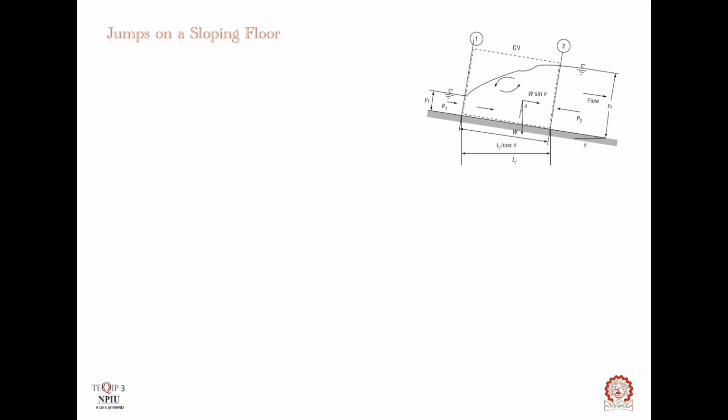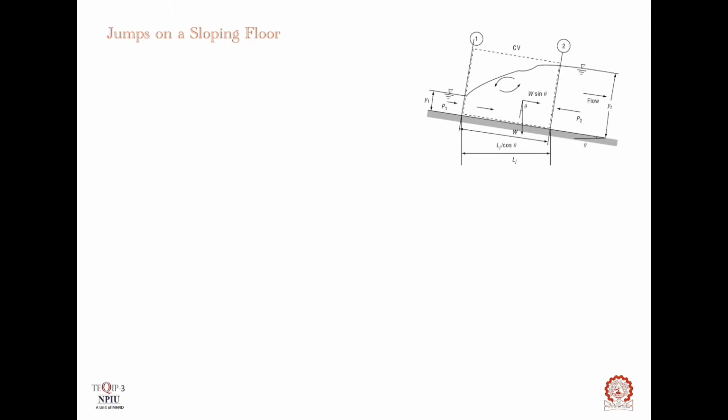Here we have the slope of the bed, and that's why the longitudinal component of weight is significant in this case. Okay, so we need additional information in order to solve the momentum equation for the analysis of a hydraulic jump occurring on a sloping floor.